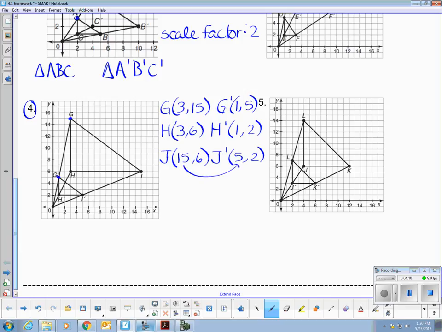was divided by 3. We call that a reduction. So then my scale factor, when something is divided by 3, is 1/3. What that means is my image is 1/3 as big as my pre-image. My new figure is 1/3 as large as my original figure.